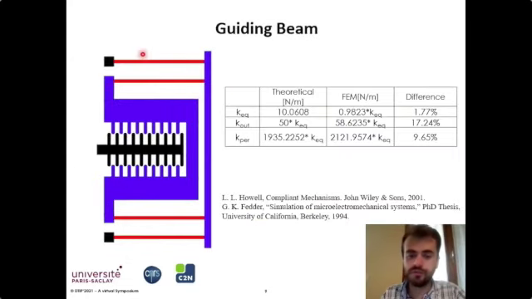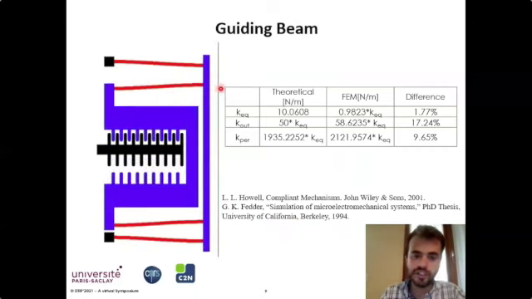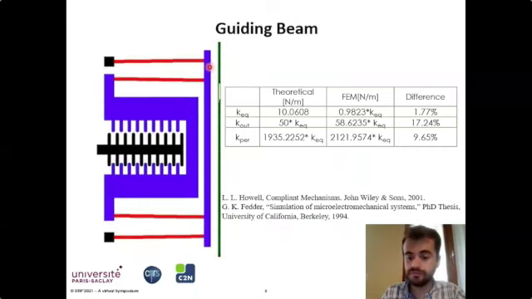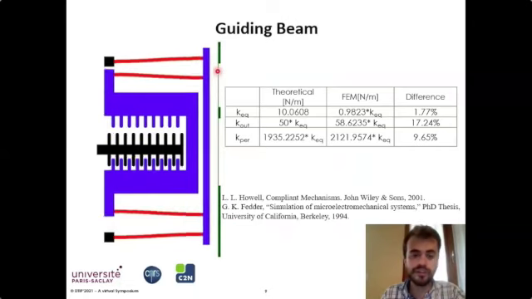So the last geometry that we came up with is the guiding beam. The geometry is very close to the folded beam. If you look at it closely, it's just half of a folded beam, but with the difference that instead of having free beam supports, like they are free to rotate in the folded beam, here we connect them by a rigid beam, so a guiding beam that we call it.